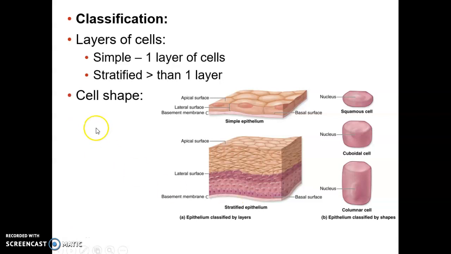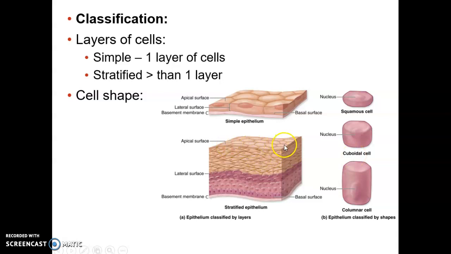Then we consider, what is the shape of the cells on the top, on the apical surface? Are those cells flattened, like these here? In which case we would call it a squamous type of epithelium. Are those top apical cells cuboidal, kind of like the shape of an ice cube, or a marshmallow? Then we would say it's a cuboidal epithelium.